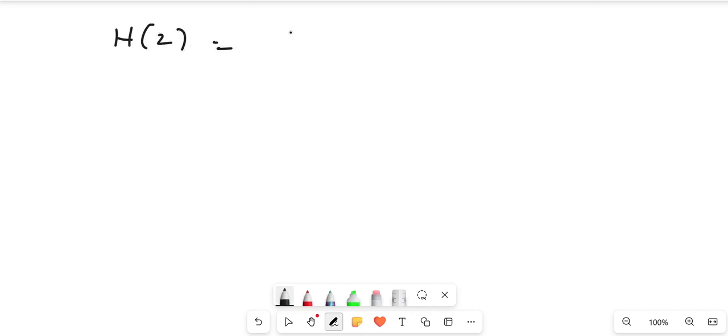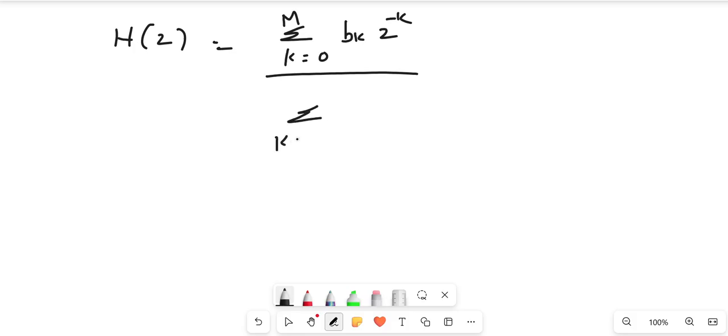H of z is equal to the summation of k equal to 0 to m, bk z power minus k, divided by the summation of k equal to 1 to n, 1 plus ak into z power minus k.